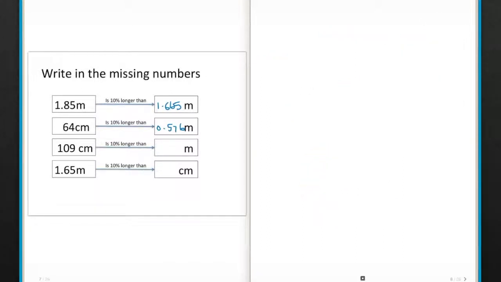Next one. 190 centimetres, what's 10% of that? Decimal point is here, divide it by 10, gives me 19 centimetres. So this number is 19 centimetres less than this number.